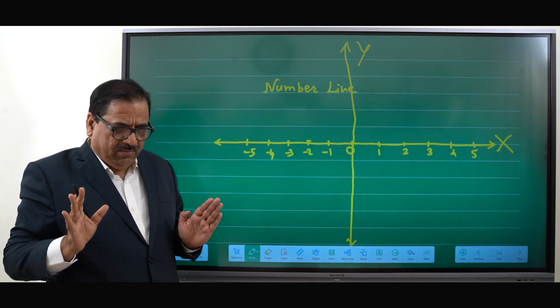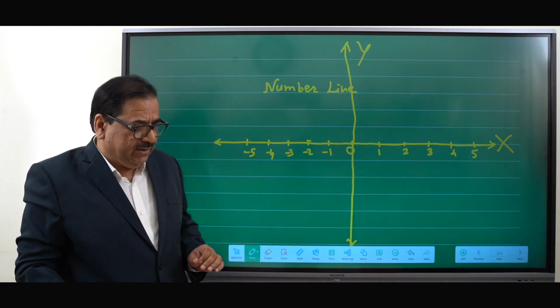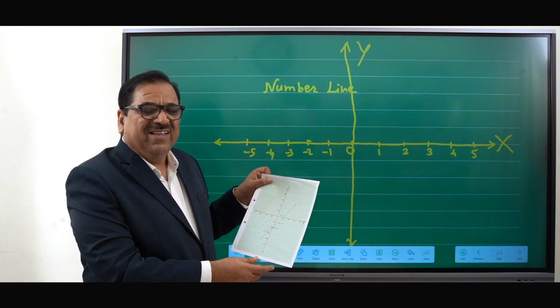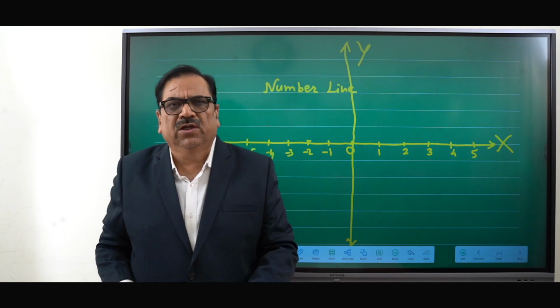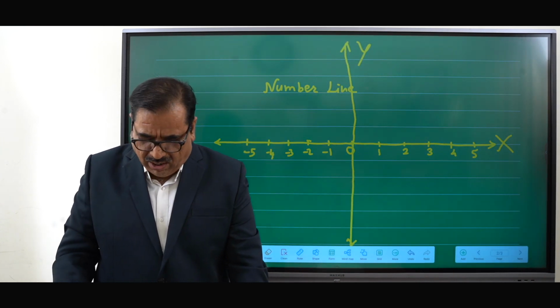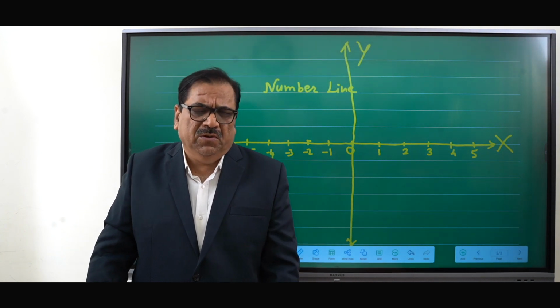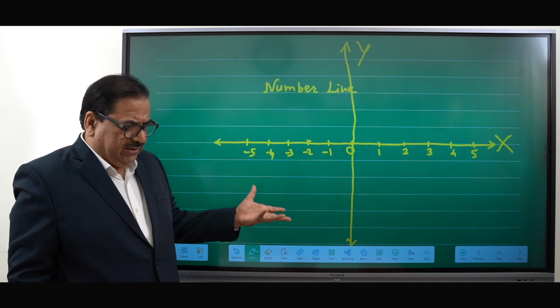Whenever a graph comes, we have to use graph paper, and these graphs are usually available in this form. This is the x-axis, this is the y-axis, and in this way we use graph paper when we are plotting any graphical work. So we need not draw the x-axis and all these things.